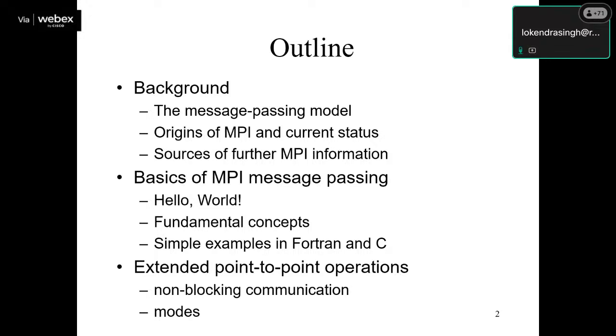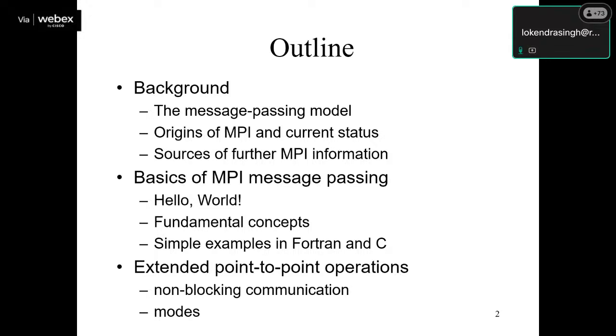Then we can see the programs mostly in C, C++ or Java. So here we can see the example of Fortran and C. Then there are a number of operations available, called blocking or non-blocking communications.